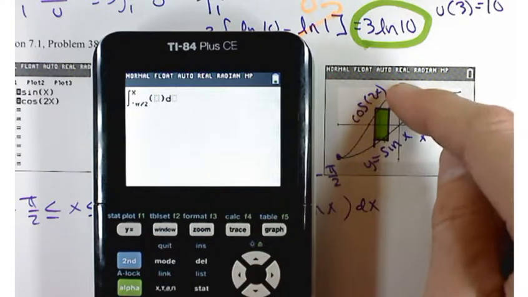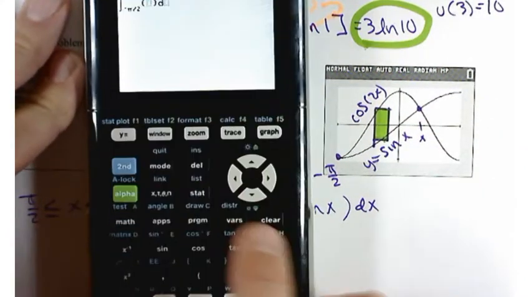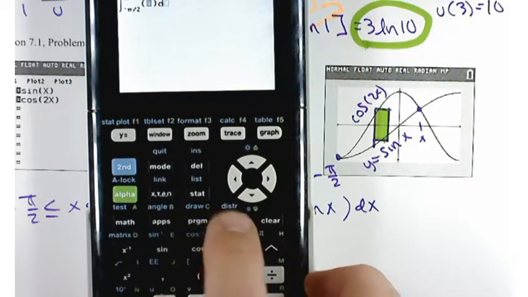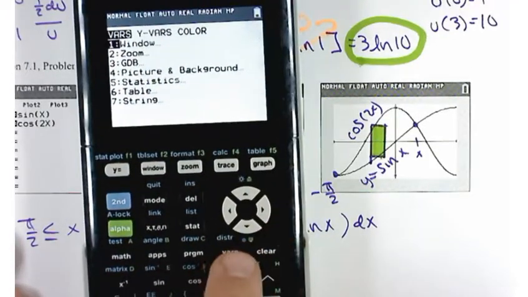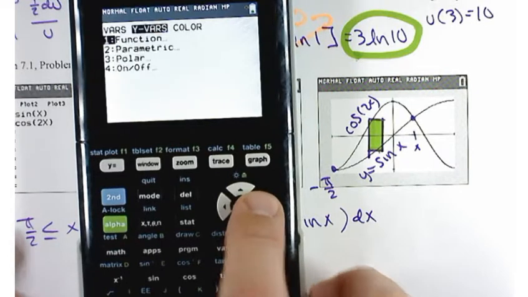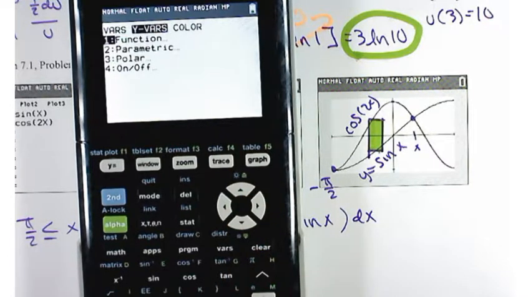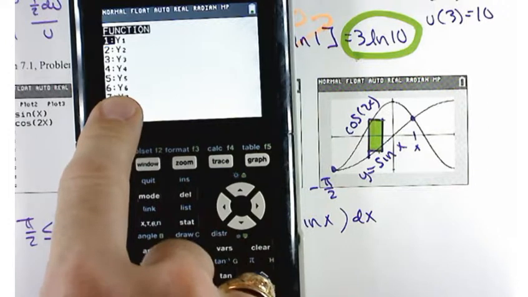The cosine was in y2, the sine was in y1. You can access that from the vars key. So vars, hit the vars key, it's right underneath your down arrow, a little bit to the left, next to the clear. And then go to the right one for y vars. That's the one you want. Vars, y vars. If you press enter, you see all your choices.